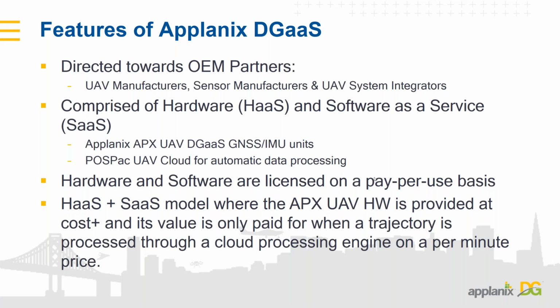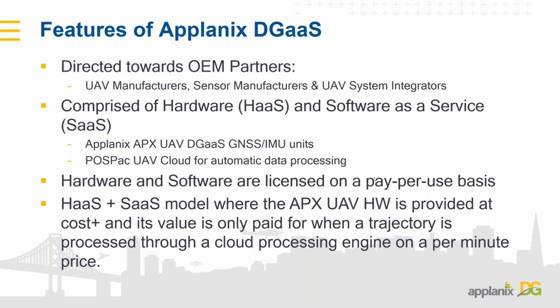So we provide them with our direct georeferencing as a service. We provide them with the hardware and with the software. The hardware is at a significantly reduced price, and the software is provided as a cloud service. And basically, we license this on a pay-per-use basis. So the processing and the licensing is all on a pay-per-use basis.